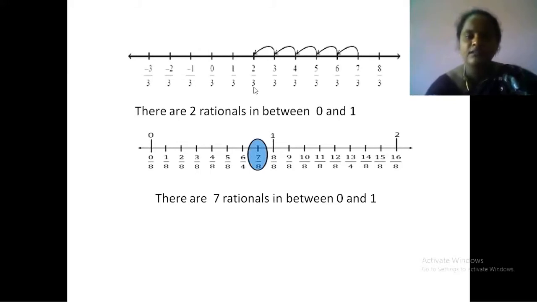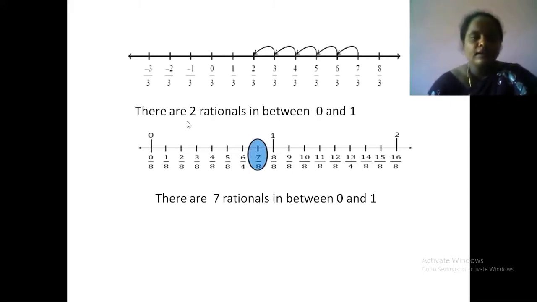In the previous case we don't have integers, but here 2 rational numbers are there in between 0 and 1. Not only in between 0 and 1, but between 3 by 3, that is 1, and 6 by 3, that is 2, also 4 by 3 and 5 by 3 are there. Once again 2 rational numbers. So with denominator 3, always in between 2 successive integers we have 2 rational numbers.